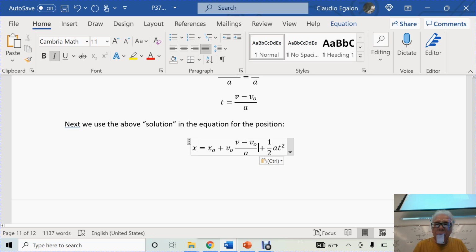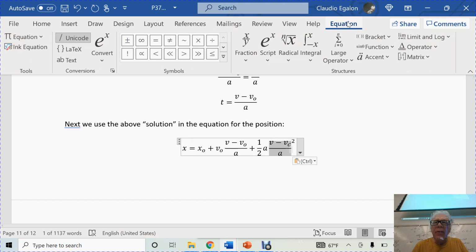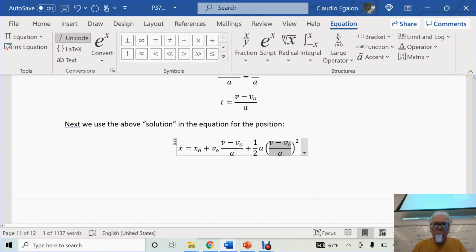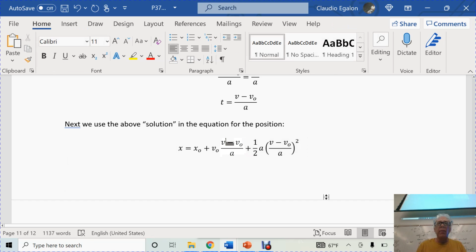Okay, this one goes right in here as well. Then I have to put the parentheses here so you know everything is moved. Here you don't need the parentheses, but in the other one you must show the parentheses.